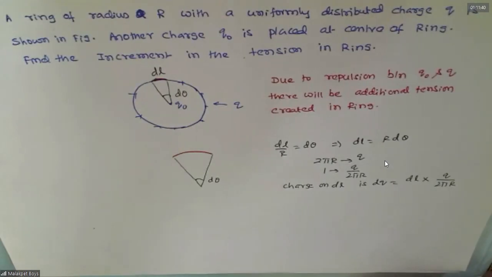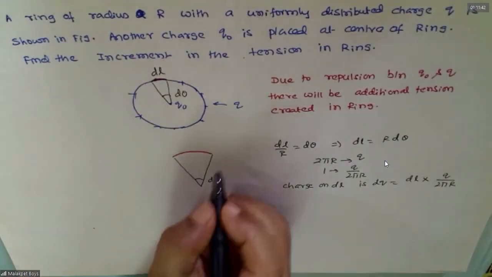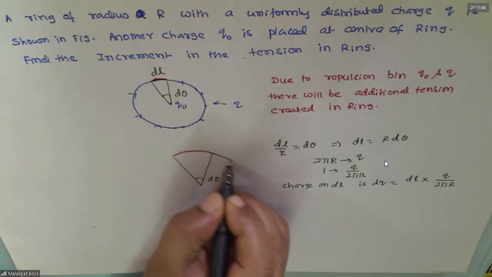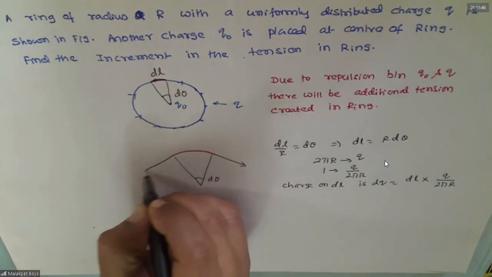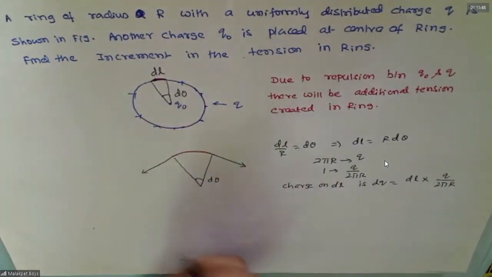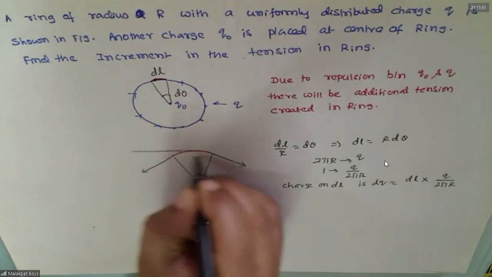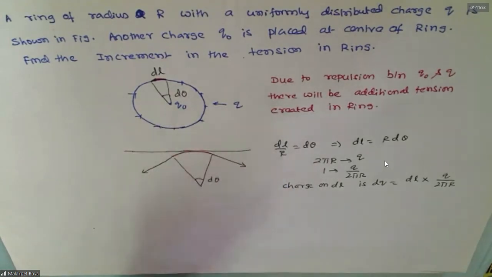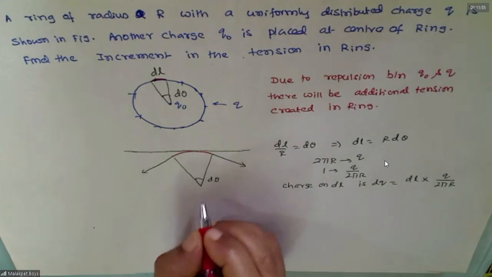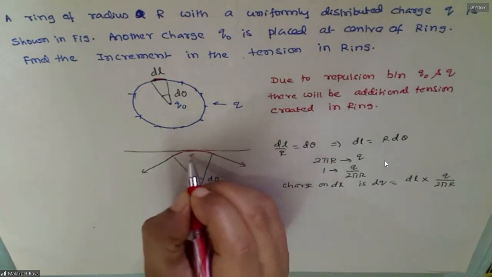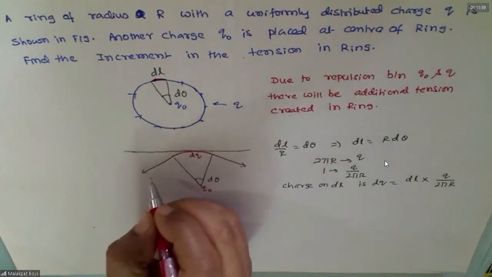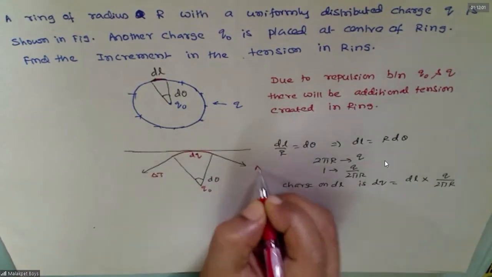Now you can see there is a tension force. Tension is always a force which is along the ring. Draw one tangent like this. Agreed. And this is Q naught. This is dq. So suppose this is the additional tension.